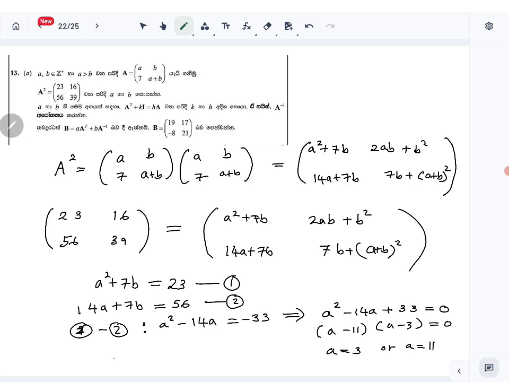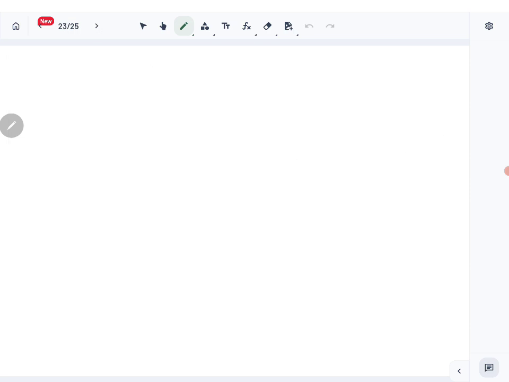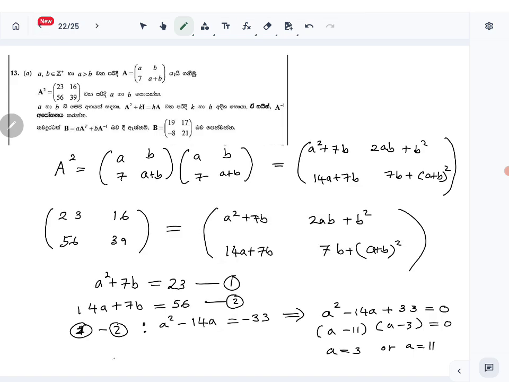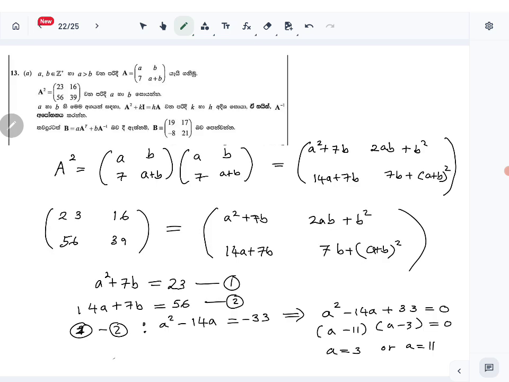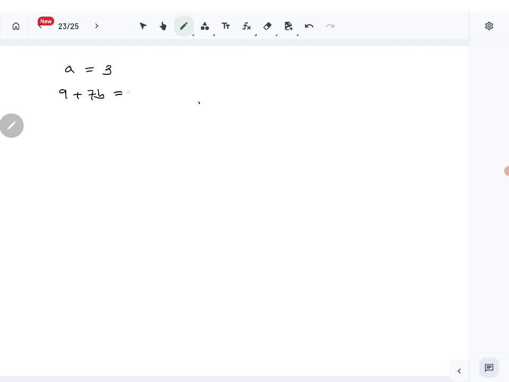Right, now using one of the equations, find the corresponding B values. So you have A equals 3, then let me use the first equation. So A squared plus 7B. So that means 9 plus 7B has to be equal to 23.